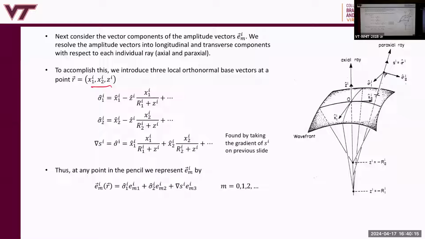Sigma 1 incident is this vector. That's equal to x1 incident, which is this vector, minus the z component multiplied by x1 over (R1 incident plus z incident). That comes from this expression here. So you need to subtract off part of the z component there.